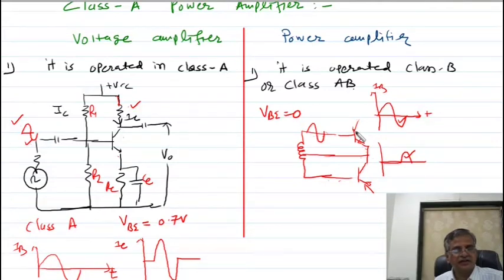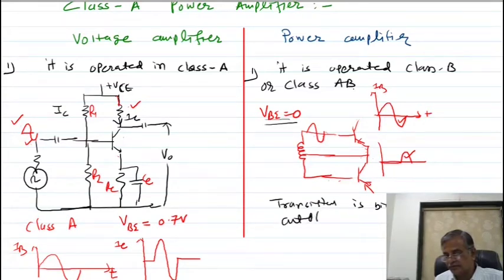Or another way you can say, if your VB is kept at 0 voltage, then your bias voltage is 0. If the transistor is biased at cutoff, then it is called class B operation.